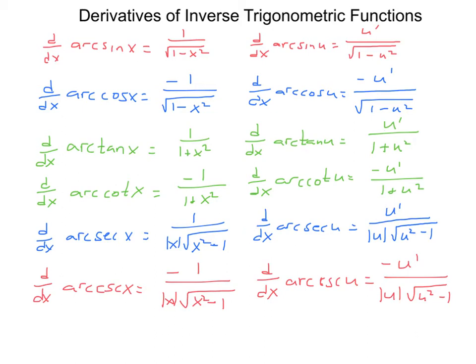What you'll notice is that if you know the formula for the derivative of the inverse sine, inverse tangent, and inverse secant, you can also then know the derivatives of the cofunctions. The derivative of the inverse cosine is the opposite of the derivative of the inverse sine. The derivative of the inverse cotangent is the opposite of the derivative of the inverse tangent. And that same relationship is true for the derivative of the inverse cosecant. It is the opposite of the derivative of the inverse secant.